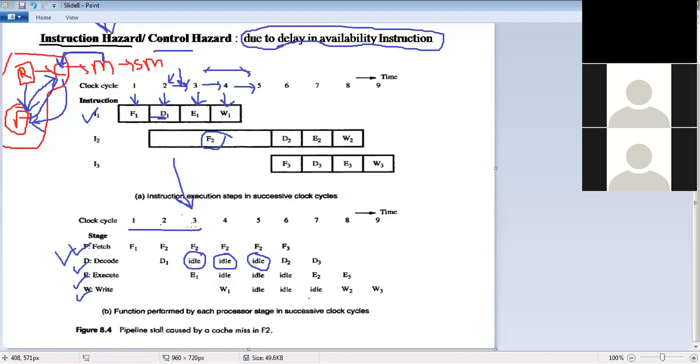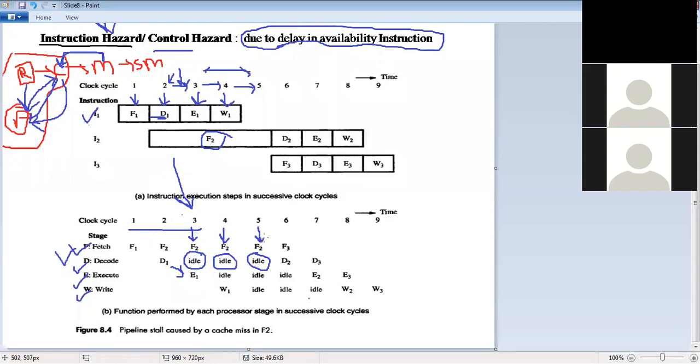So in clock cycle 3, the execution unit can execute the first instruction I1, but the second instruction cannot be executed because it is not fetched, since it is still being made available from the main memory to the cache. The same scenario is for clock cycle 4.